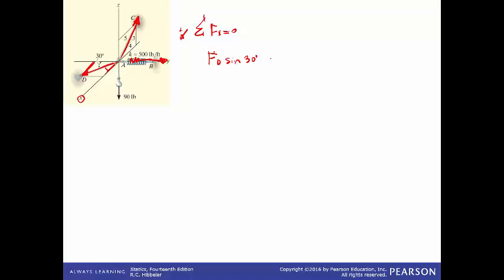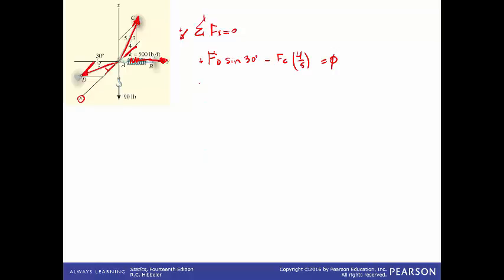And then we have the other force, FC, and the component along X would be 4/5. So we have FC times 4/5, and this is negative, and it equals 0.